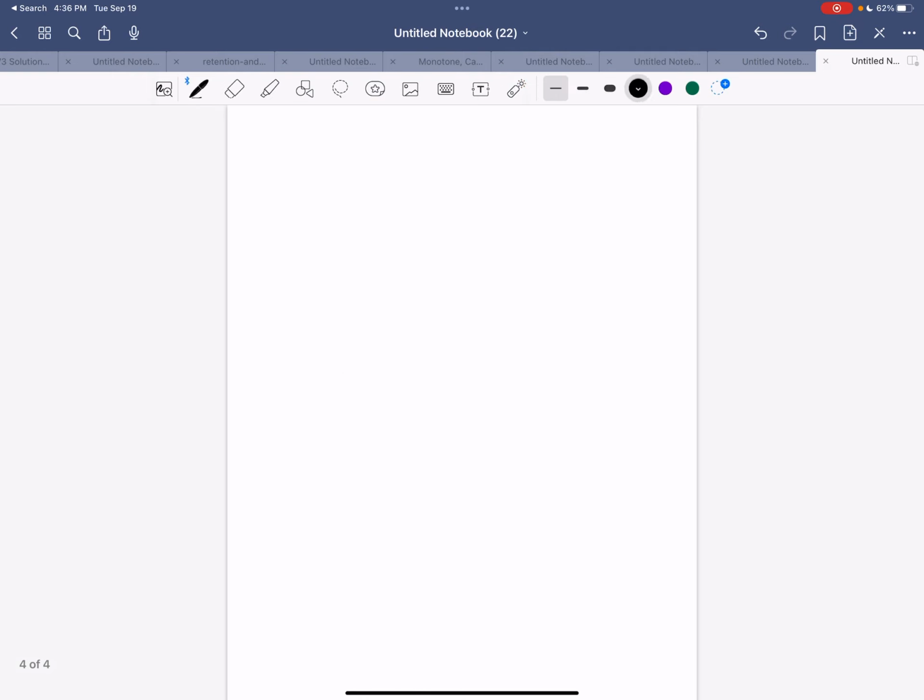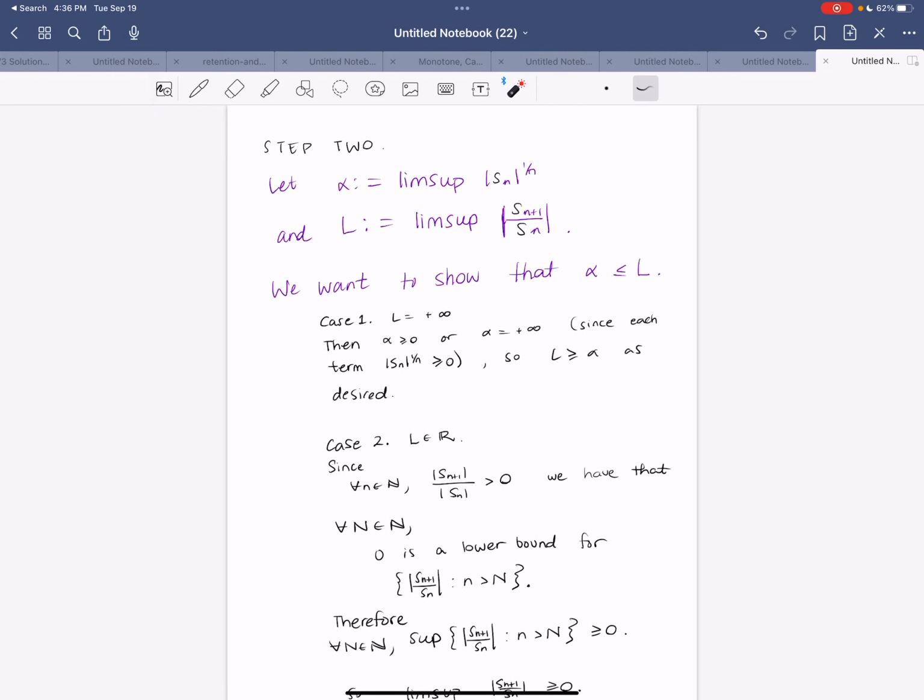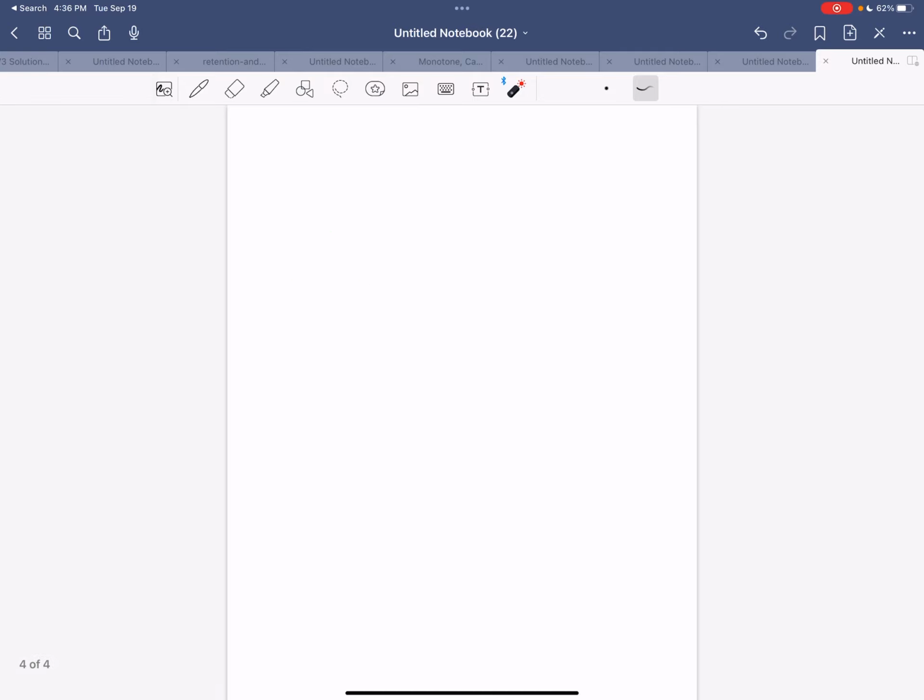Now, remember our goal is to prove that alpha is less than or equal to L, and L is positive. So here's 0, and maybe L is somewhere. So say that's L. And here's how we're going to show that alpha is less than or equal to L. What we're going to do is we're going to say if there's any number, say L1, that's bigger than L, then L1 is bigger than or equal to alpha.